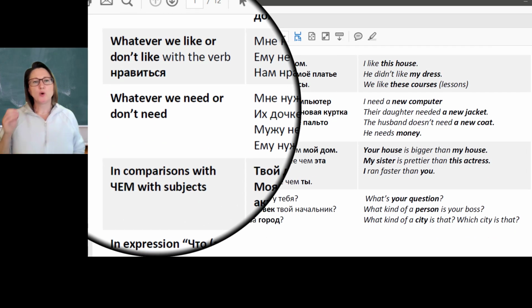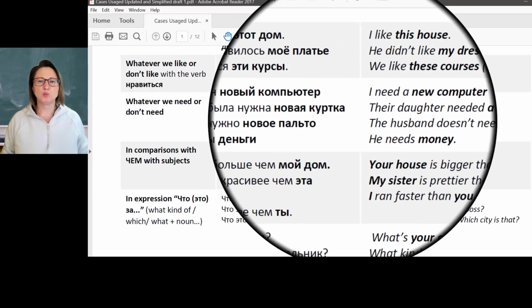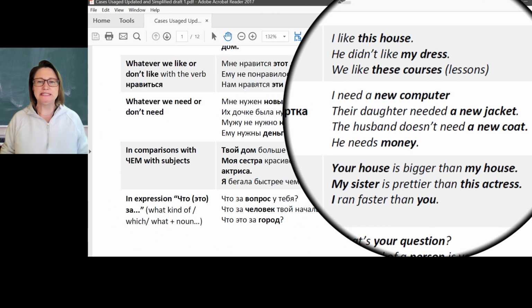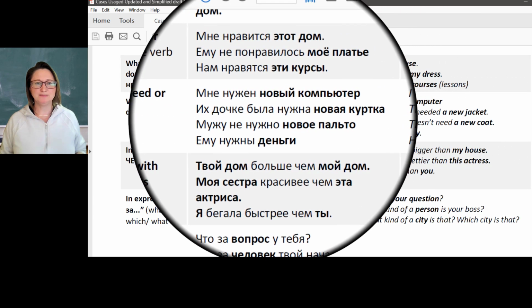Once again, there is this kind of illogical thing that whatever we need or don't need is the subject of a sentence. I need a new computer, their daughter needed a new jacket, the husband doesn't need a new coat, he needs money. Whatever is in bold here is going to be the subject of a sentence.